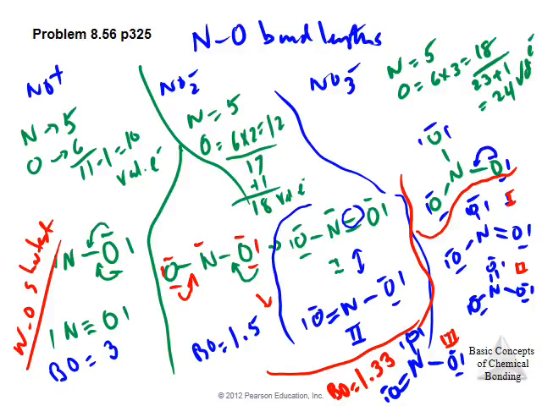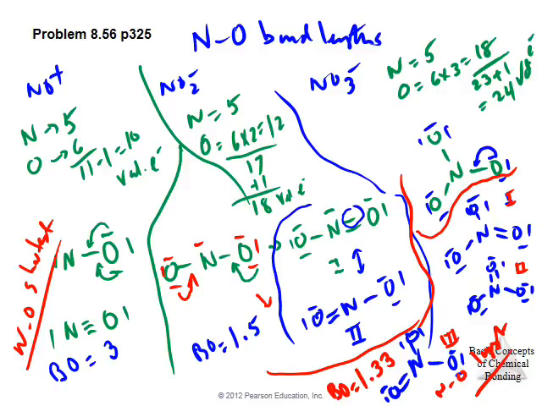Then 1.5 would be the next one, and 1.33 is the weakest of all these NO bonds. So the NO distance would be longest. So write down here, NO longest.